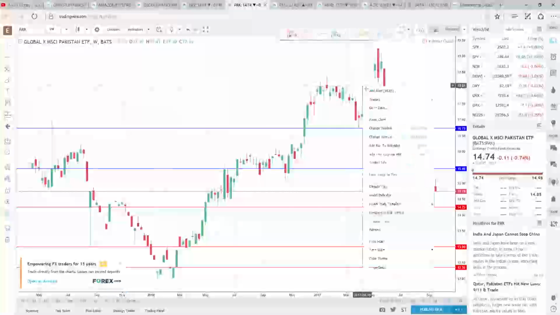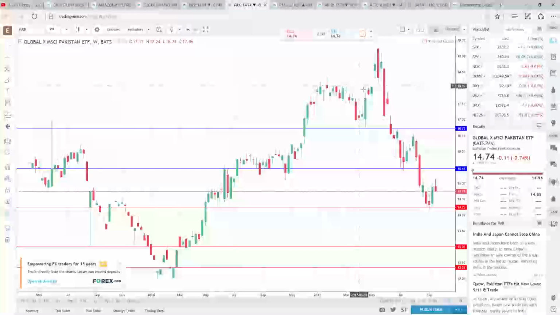Hold on, just charting. So around the 1805 area is where we're going to set our final level of resistance for this breakout. And that will really confirm this upward entry movement.